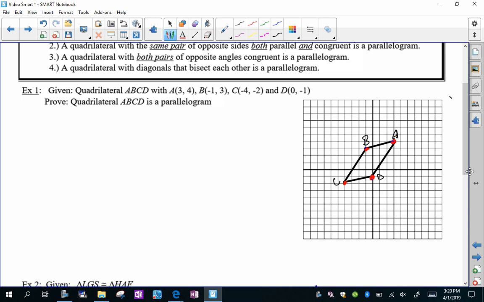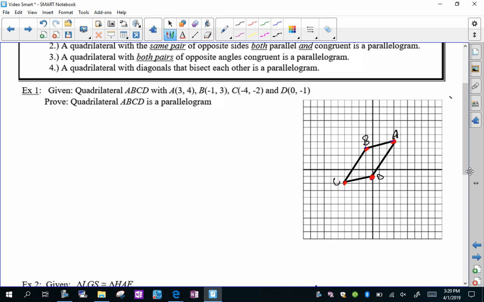One thing we should know, especially on a coordinate plane, is that if we have line segments in which the slopes are congruent, then we know that the lines are parallel. So if I can find that, then I know I have two pairs of parallel line segments.